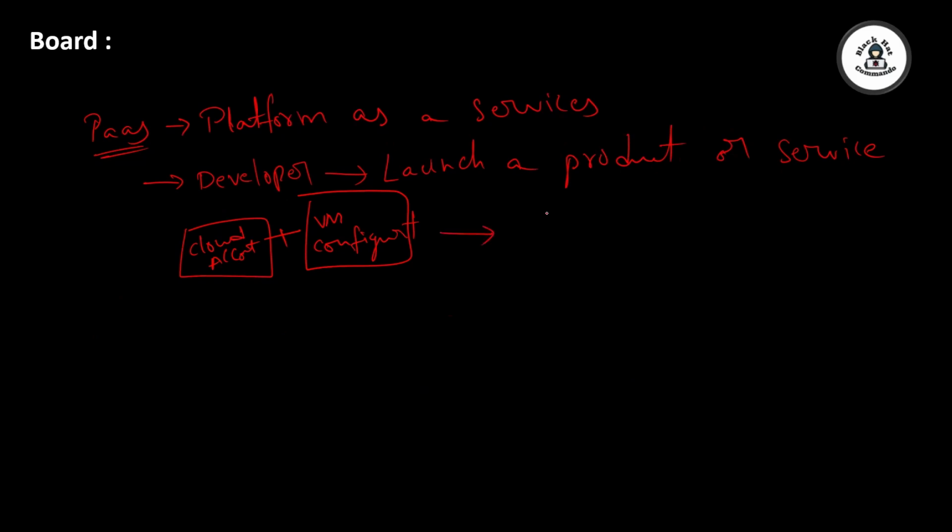After that, you will deploy your code. That means you just need to set up your account along with the VM configuration, which is predefined. You don't need to set up any configuration or VM, as compared to IaaS.